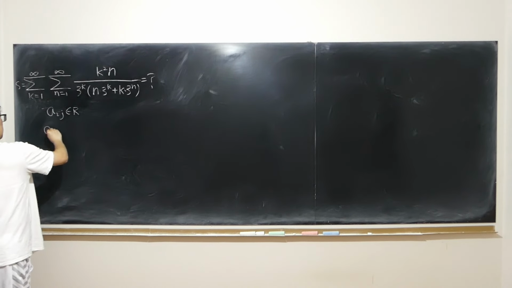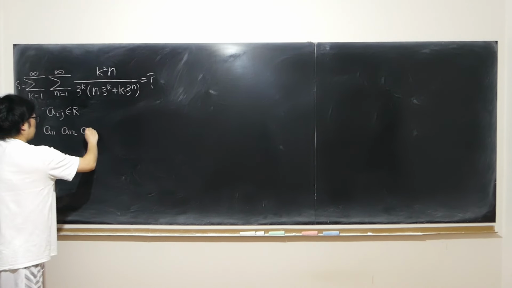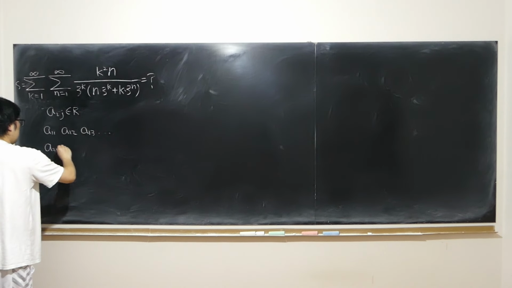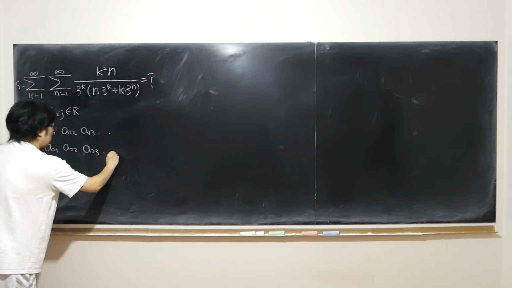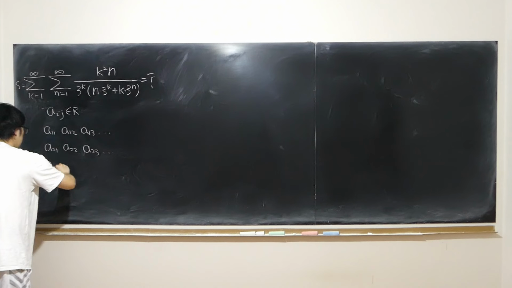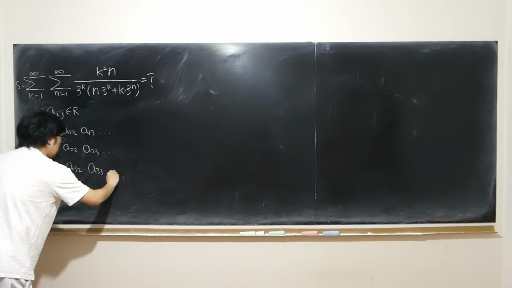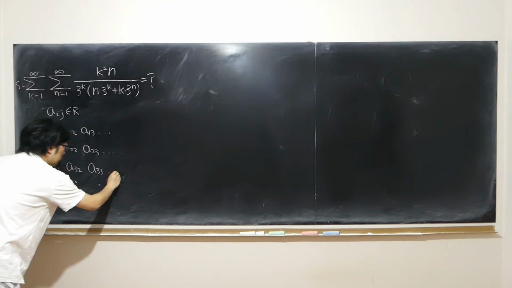And have a look at this infinite matrix: a11, a12, a13, all the way. Second row, a21, a22, a23. Third row, a31, a32, a33, all the way, forever, infinity.